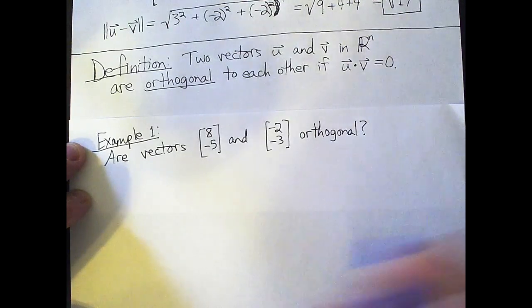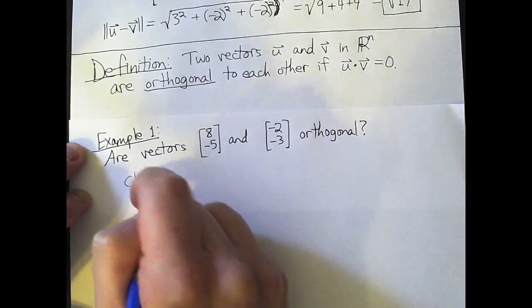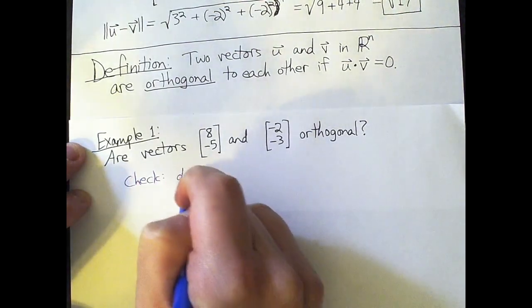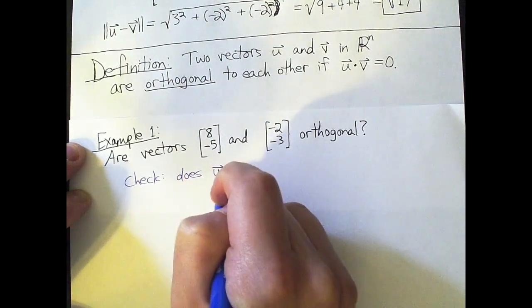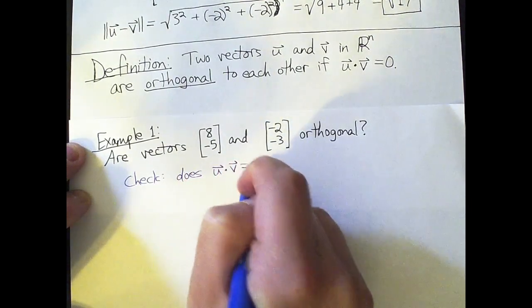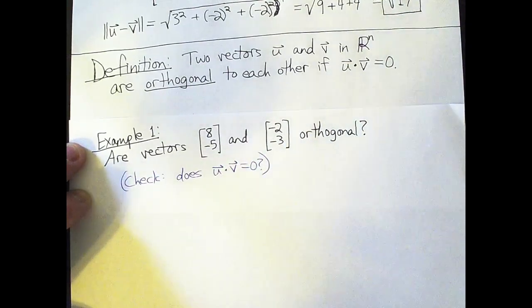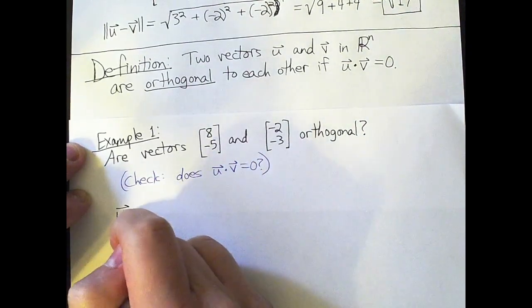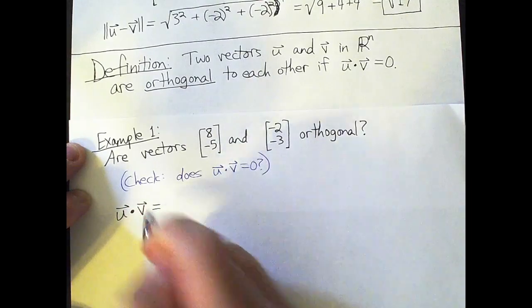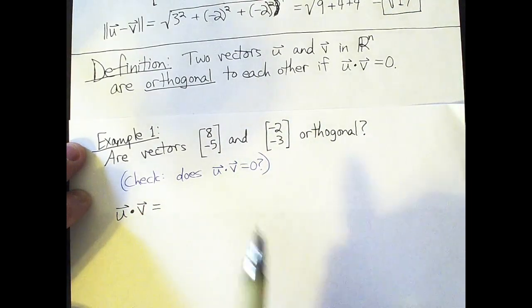And the way that we answer this is we just check, does u dot v equal 0? So that's why it's a yes or no question. U dot v is going to equal a number.